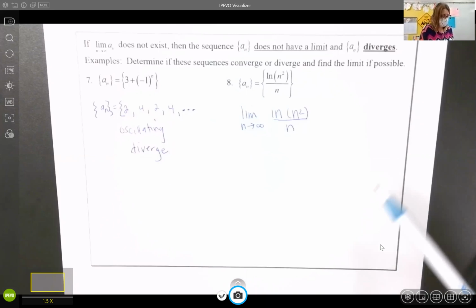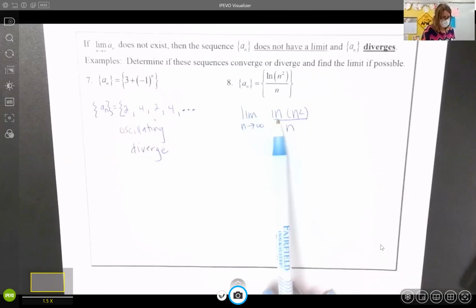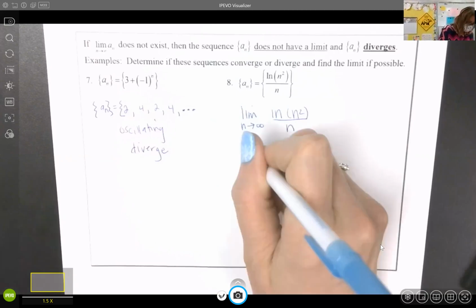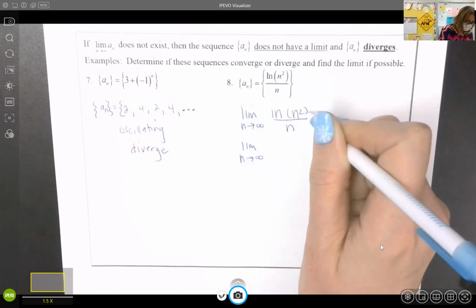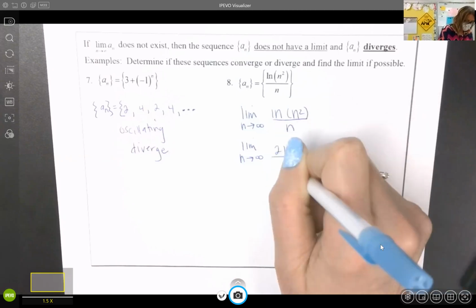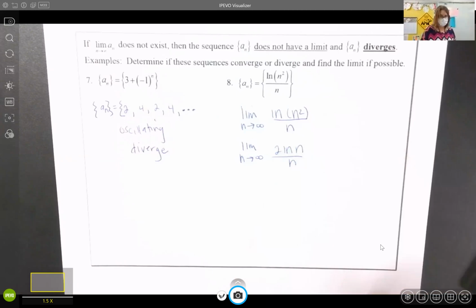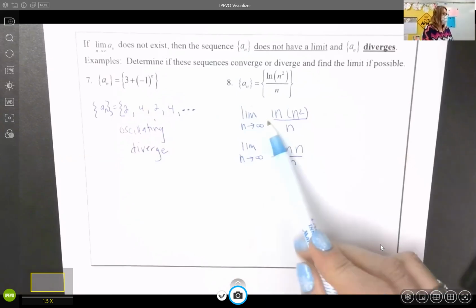So on this one, I'm going to say the natural log of n squared. This is the same thing as the 2 down in front, right? Do you remember that? Because the 2, that's the power, comes down in front for logs.